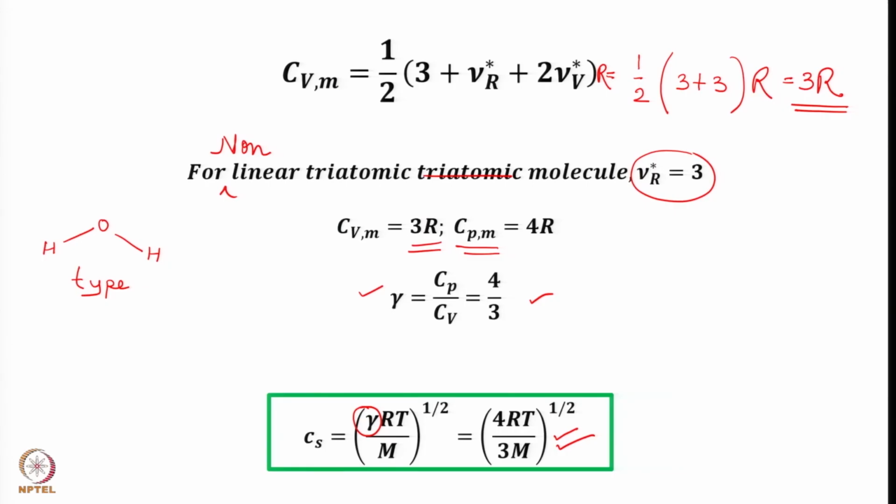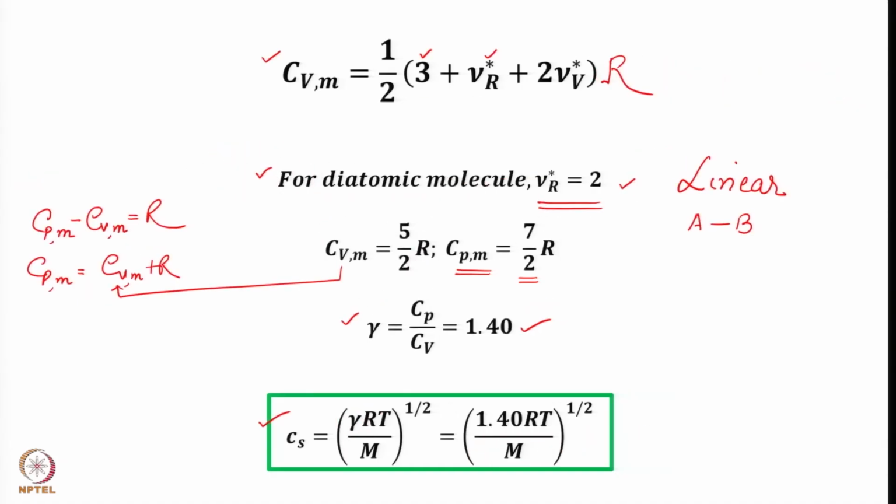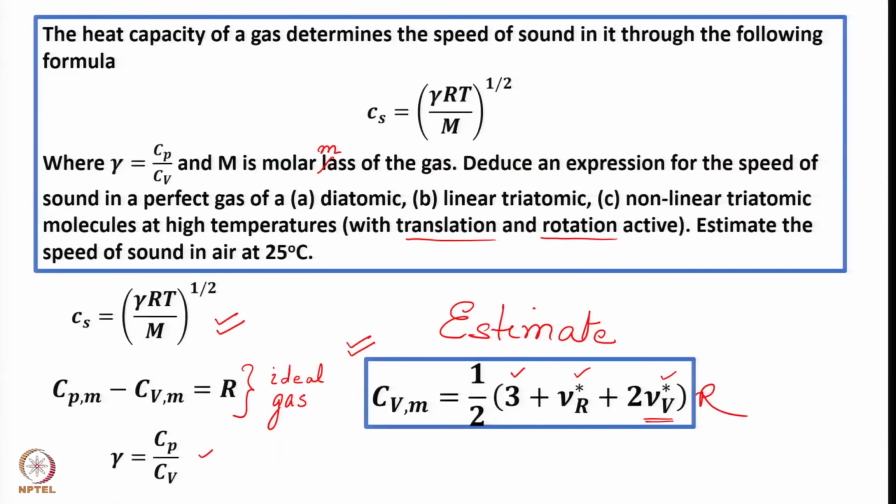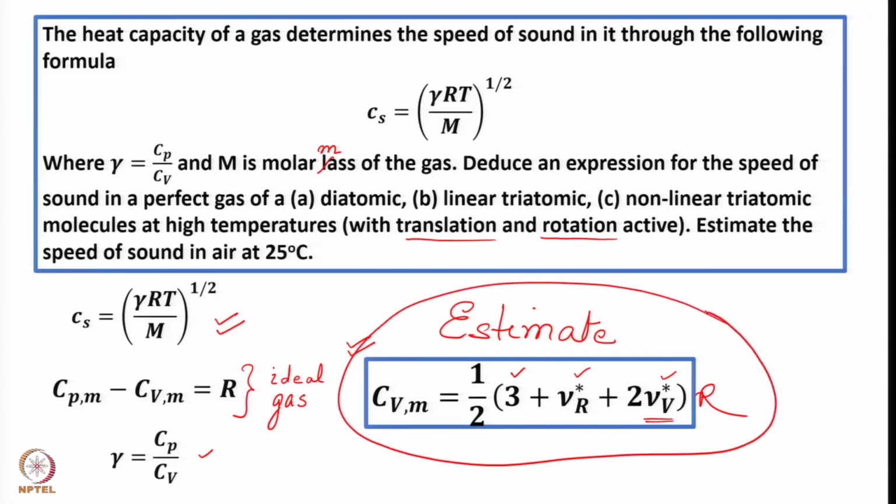So, to solve these kind of problems, what is important is to remember this expression, which can be used to estimate the value of Cv. This value will depend upon the temperature. If temperature is high enough for all the rotational modes to be active, you substitute the value of nu r star.